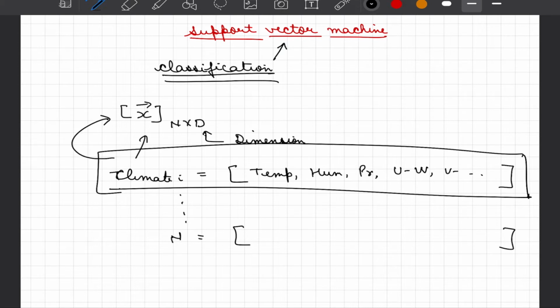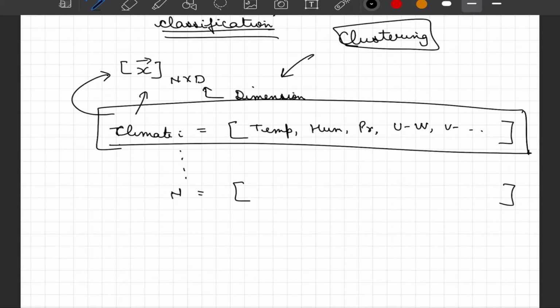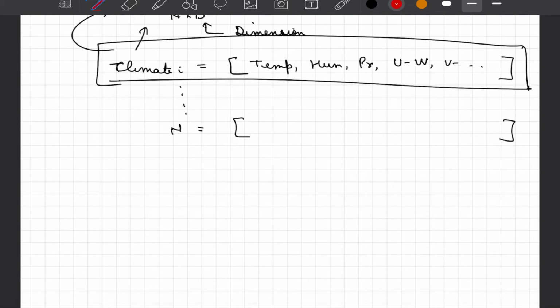Now, what we are looking at is that if we treat all these values of the atmosphere at day 1, day 2, up to day n, we are trying to look into the basic classification problem. So let us say that based on the atmospheric conditions, we want to classify that a day could be pleasant or it could be uncomfortable.